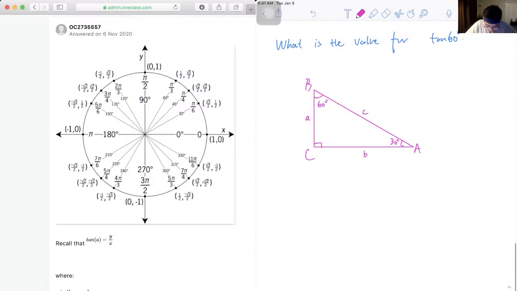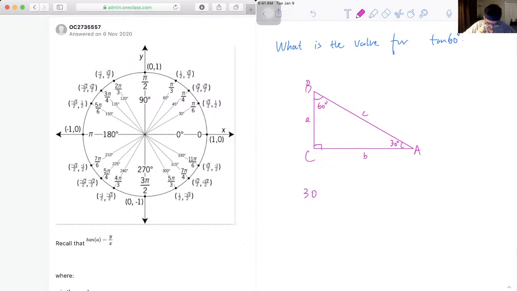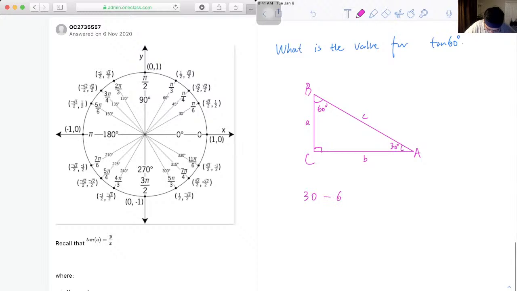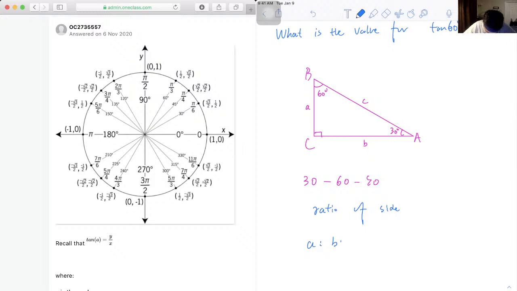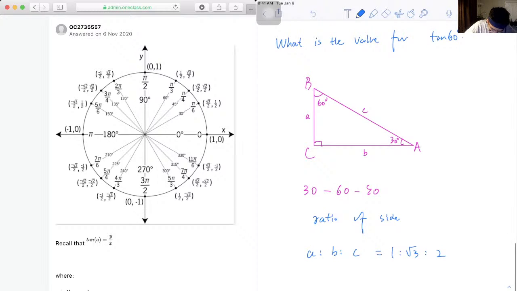So remember, if we come across a question that has the right triangle with 30, 60, 90, it always follows a fixed ratio of sides. That's going to be A, B and C equal to 1, root 3 and 2. So let's say A is x, so C will be 2x, B will be root 3 x.